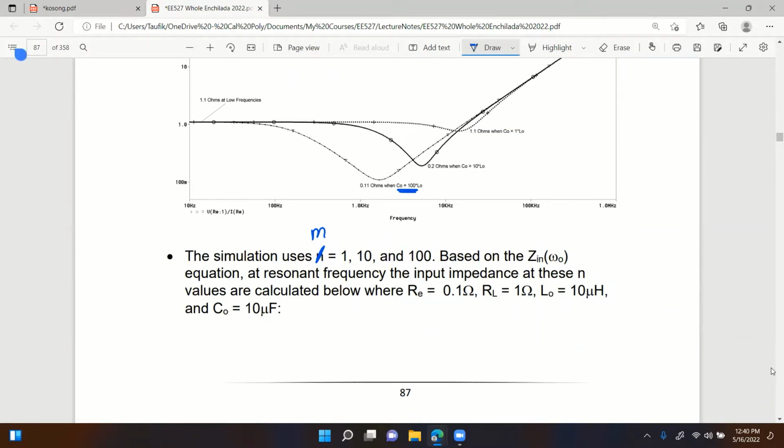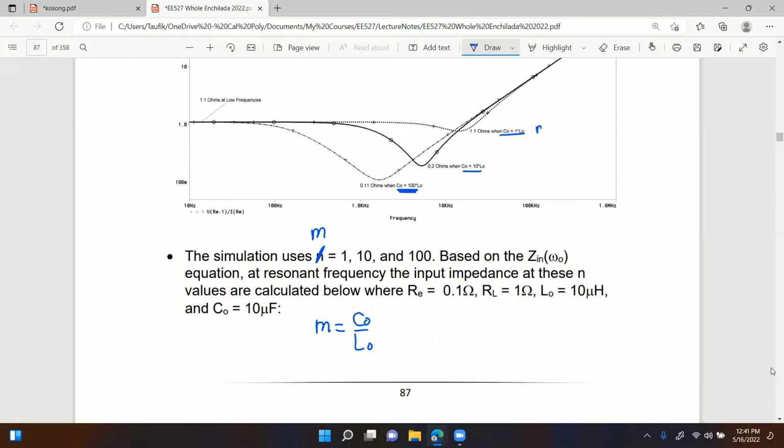So change it to M, because if you use N again, we can get confused with the turns ratio. So just change it to M, where M is equal to, what is it again? C out over L out, looks like, from this.